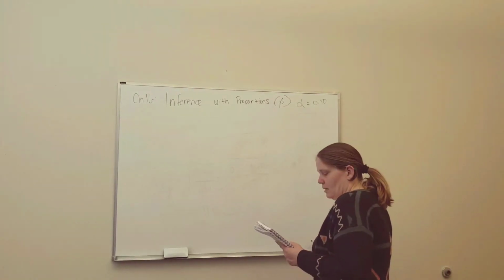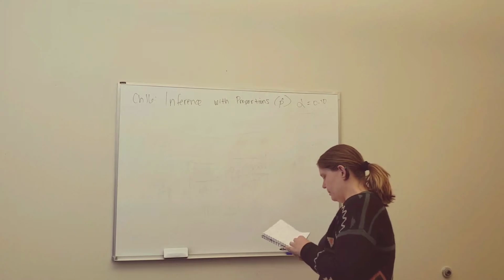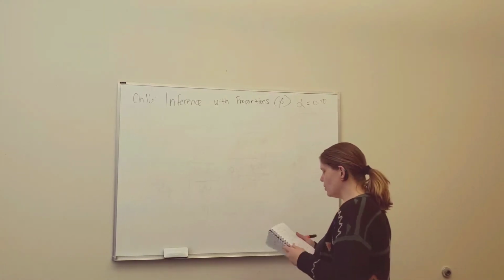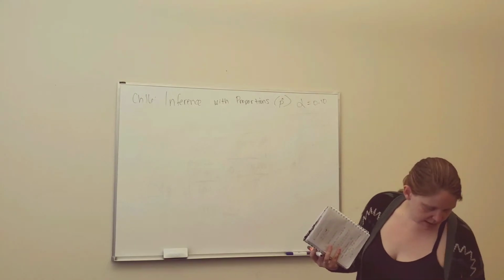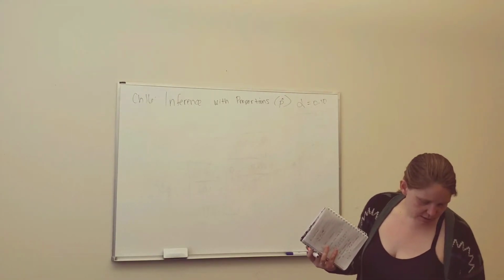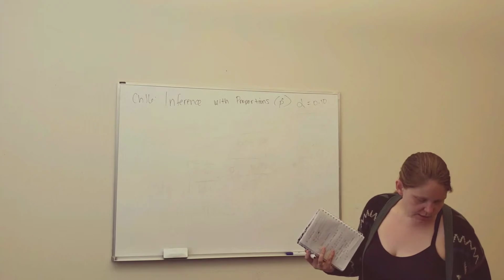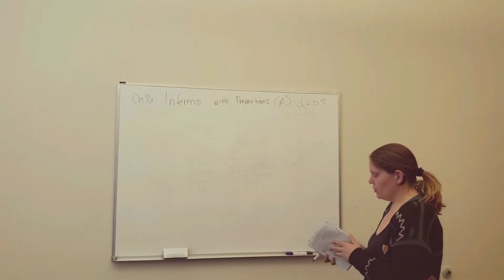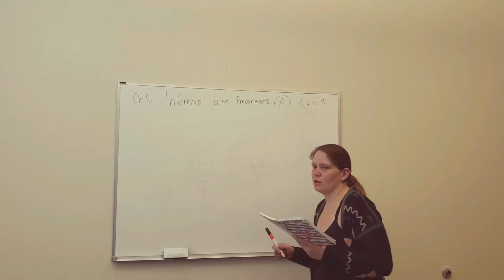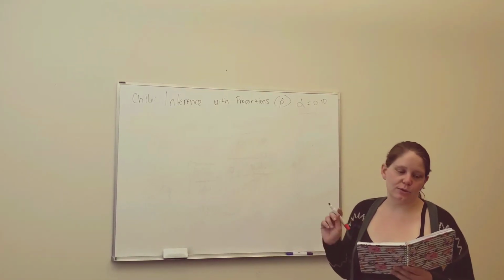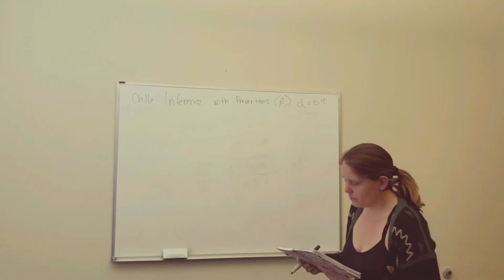So let's walk through one of those examples. I'm going to walk through the example in chapter 16 that starts on page 404. This example is using a sample that is small, and we must use the exact binomial distribution method.